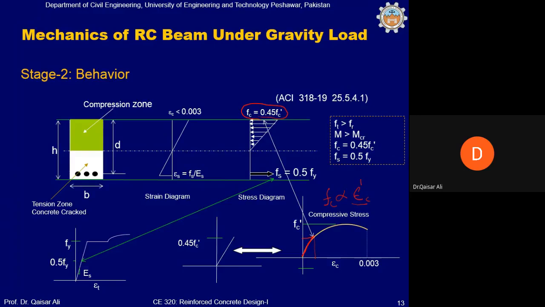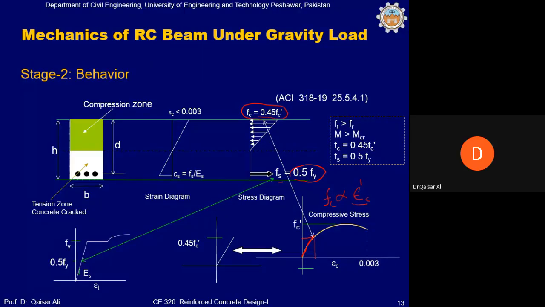Then the steel stress on the tension side is such that it is 0.5 fy, half of the yield strength. If we compare this with the stress-strain diagram of steel, we are at this stage, half of the yield strength. So steel is in the linear elastic stage because stress in steel is still proportional to strain.